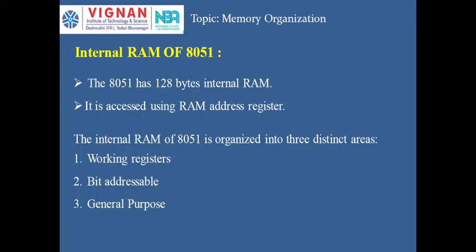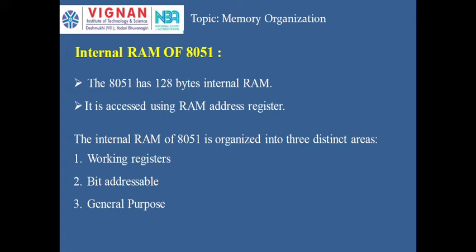Now we'll see the internal RAM organization of the 8051 microcontroller. The complete 8051 has 128 bytes of internal RAM. This internal RAM can be accessed using the RAM address register, as we have seen in the architecture, where after the RAM we use the RAM address register.